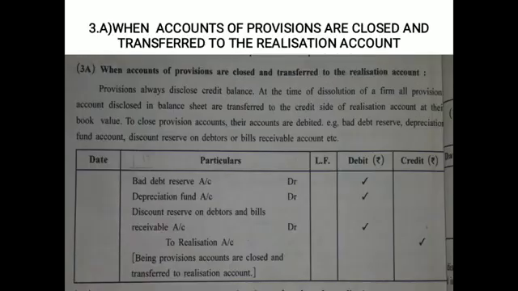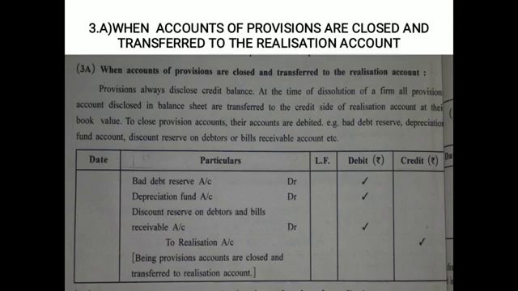Okay, the next topic says when accounts of provisions are closed and transferred to realization account. Understand, the provisions, their basic balance is credit. Once you want to close these accounts, they will be debited.